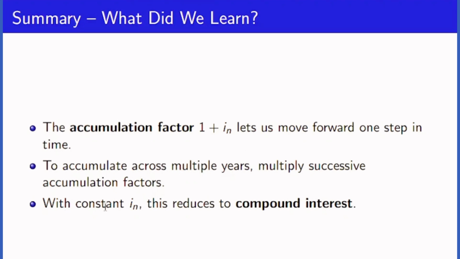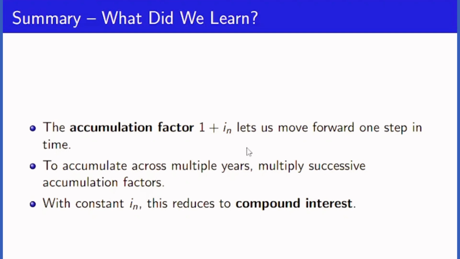With constant i_n, it reduces to compound interest. We will talk about compound interest in our next video, so stay tuned, and then you will really understand. But please watch the previous videos to understand this topic really well.